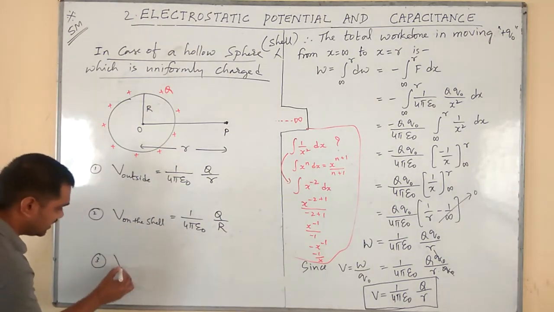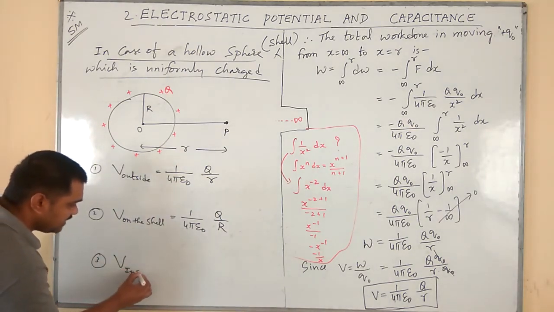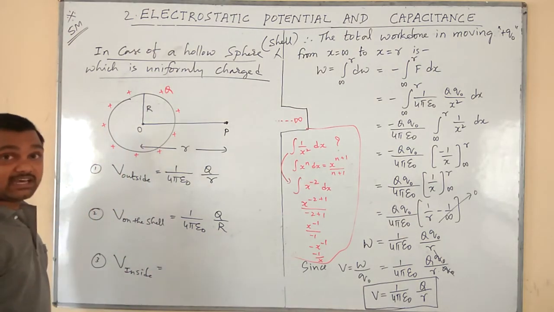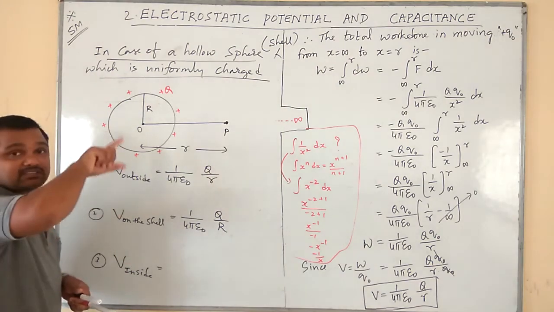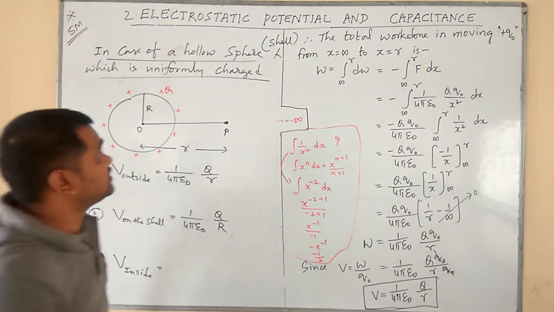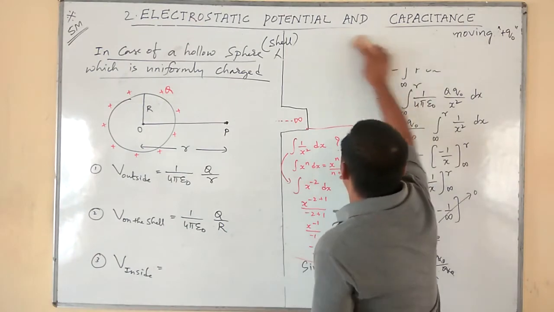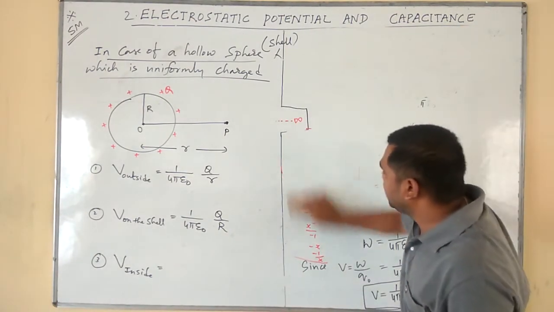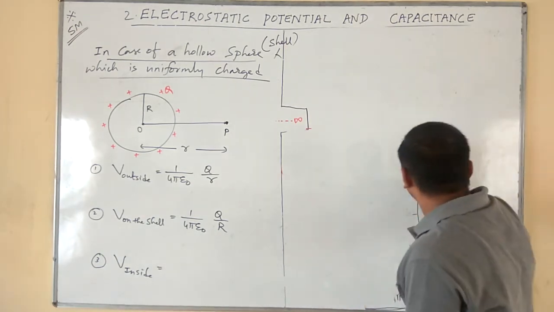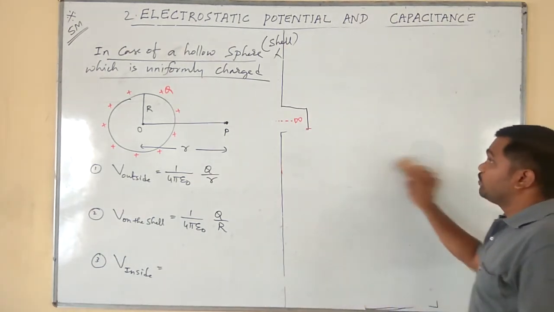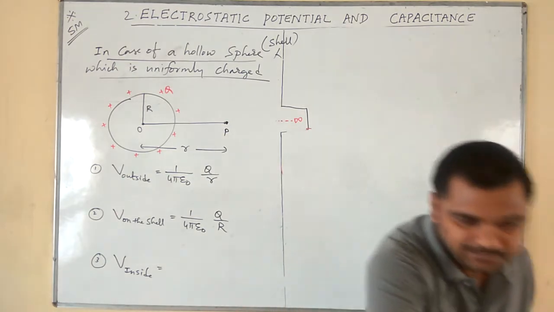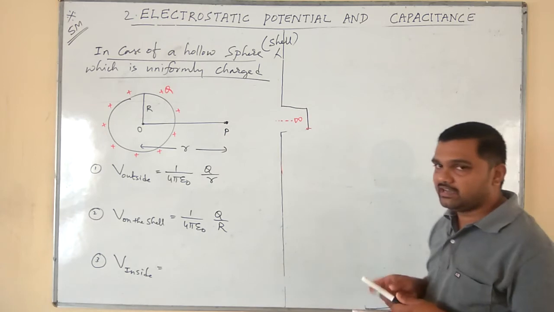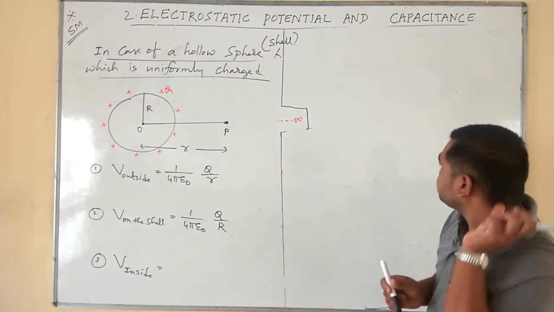Now, the third case is V inside anywhere. What is the value of V inside? In my previous class, in the previous chapter, I said something about the electric field or electric intensity inside, that is in the hollow space. What was the value of E? The value of E was 0. Please remember, I will tell you one thing.